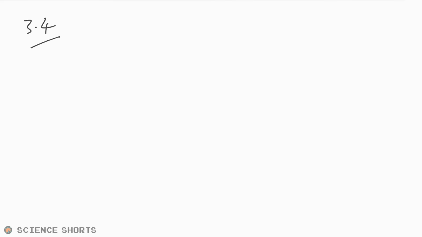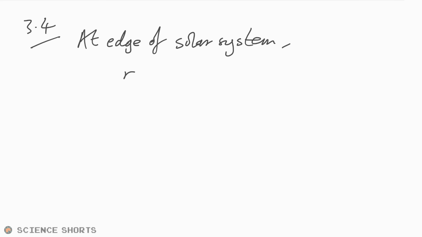3.4, I guess I missed this the first time around. Why is GS more important than GE when it escapes the solar system? So let's say at the edge of the solar system, we can say the distance to the Earth is roughly the same as the distance to the Sun, because it's very far away from both.